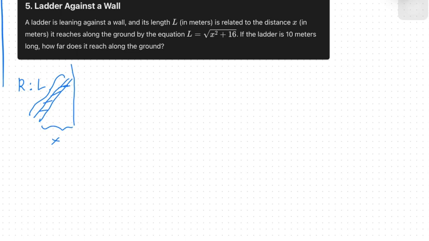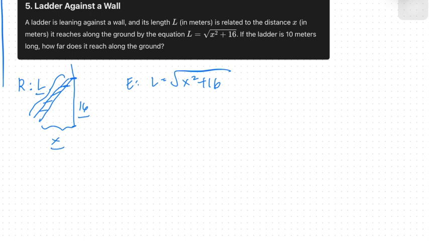Therefore, the height, that means it's 16, because we're looking at L. So, ang equation daw na gagamitin natin is L is equal to square root of x squared plus 16. That means your height, yung from the top of the ladder to the ground, that's 16. Pythagorean theorem, guys: a squared plus b squared equals c squared. Doon galing yan.